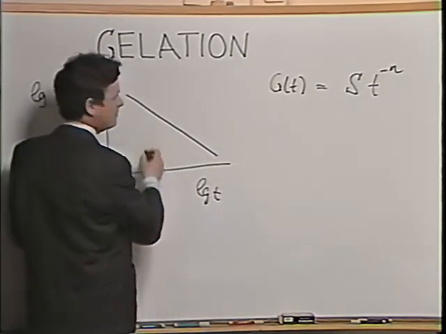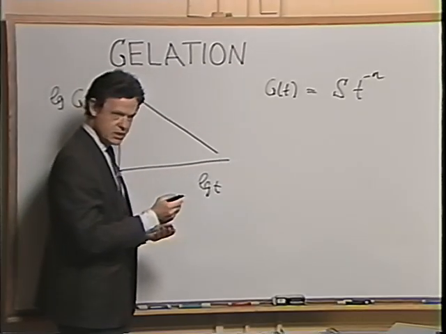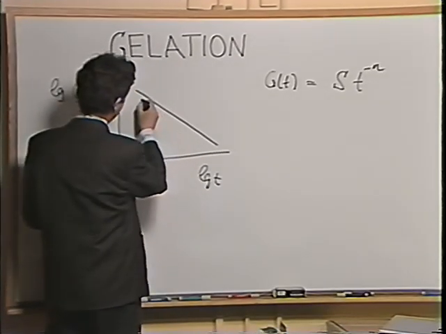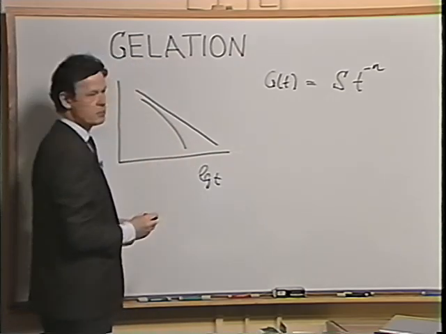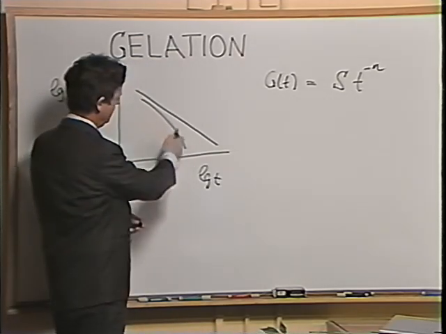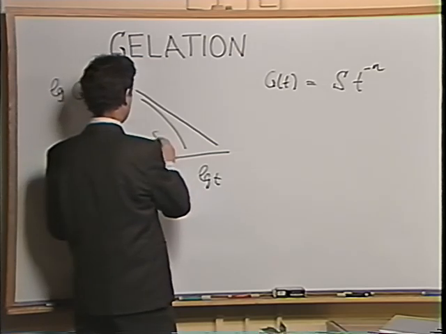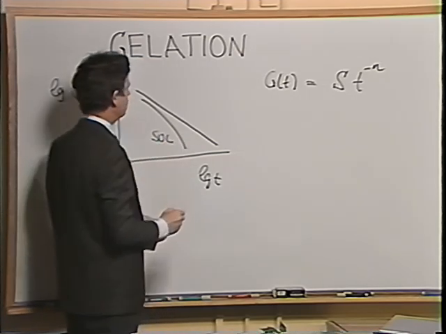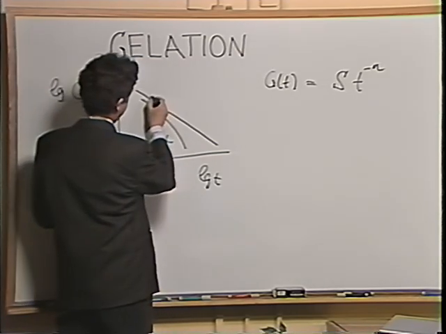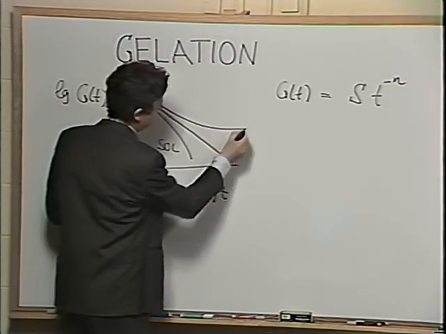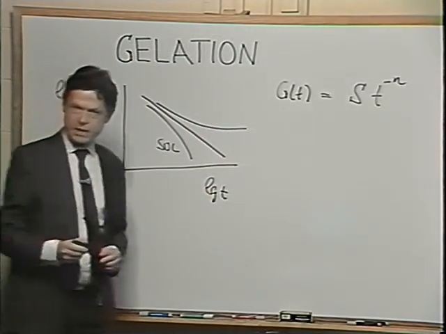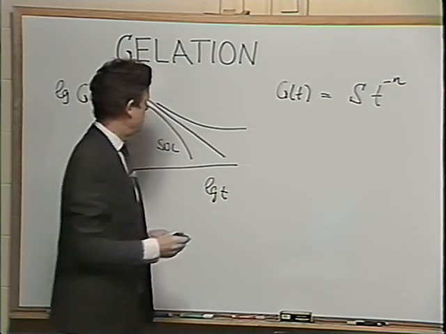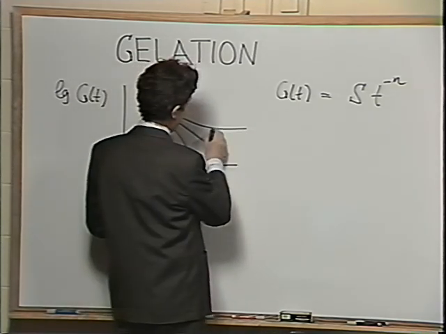Now, in the material before reaching the gel point, in the liquid, in the sol, you will have a relaxation modulus which decays, being curved downward. So we would call this the behavior of the sol. And in the material beyond the gel point, the stress will not be able to relax. The modulus has a constant value, which is leveling off here.